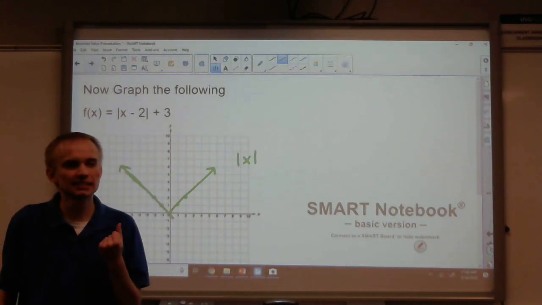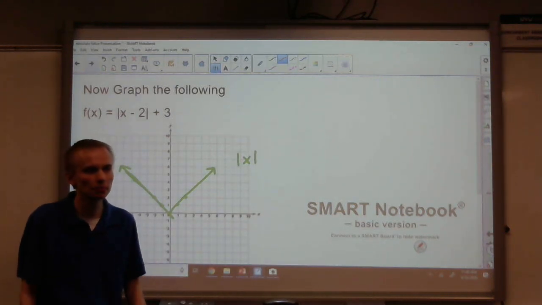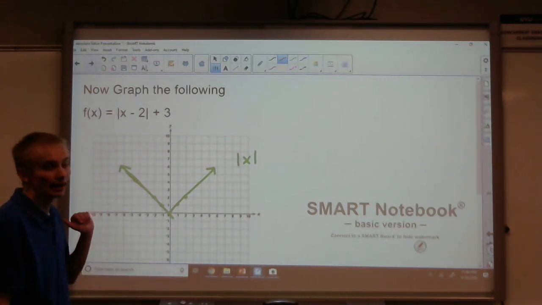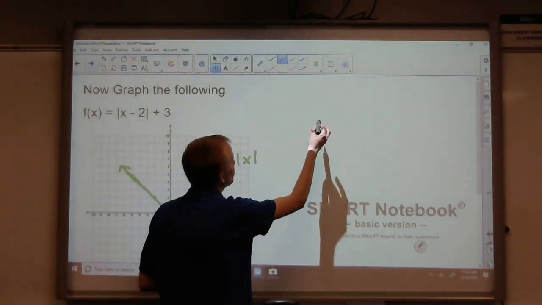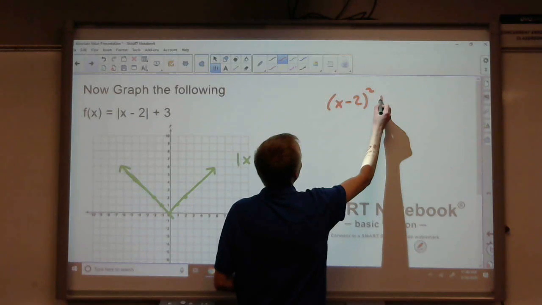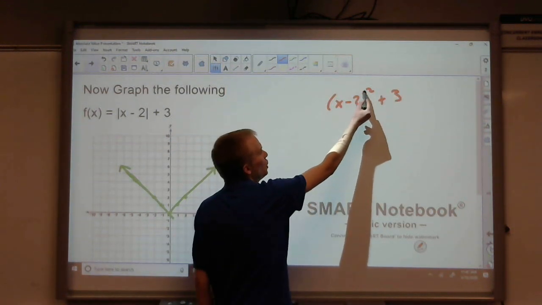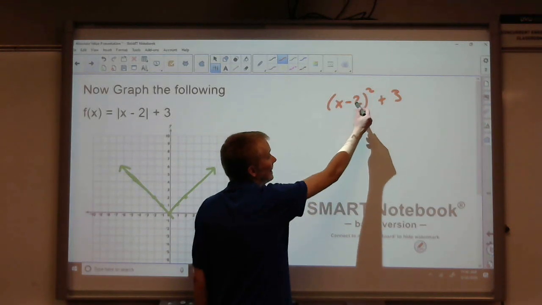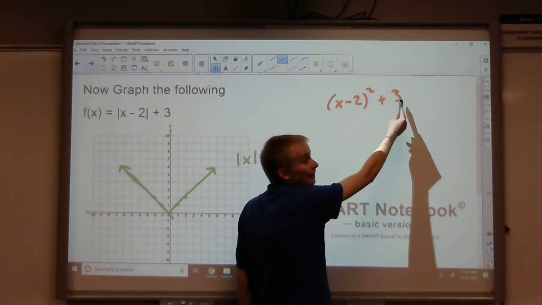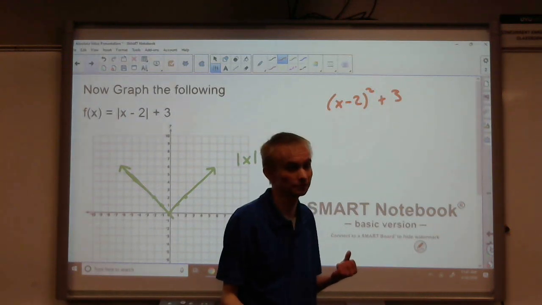So what happens when I start throwing numbers inside of the absolute value with the x, okay? Well, it's the same sort of thing as happens with your parabolas, right? When I graph x minus 2 squared plus 3, what did this do? This 2 moved me to the right 2, and then this 3 moved me up 3, okay?